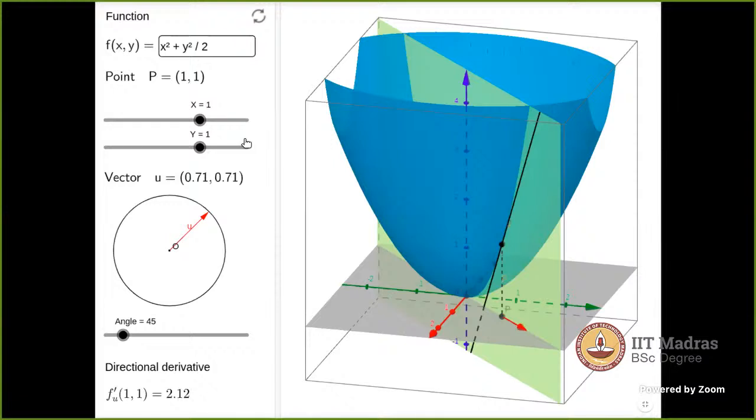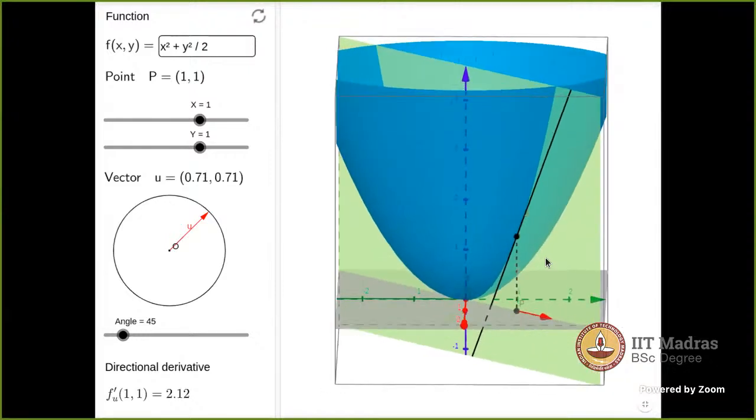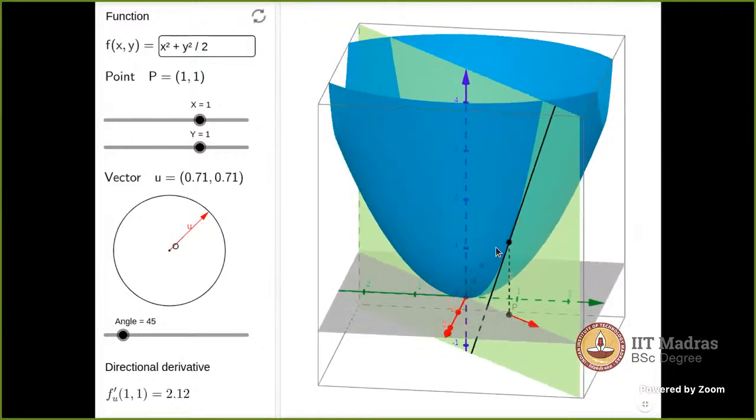Now I am taking the point (1, 1), as we have pointed out here. At (1, 1) the functional value is half. So this is the point we are taking, and the functional value is here on the surface. I am taking this vector u at this point, and we are trying to calculate the directional derivative of that function.